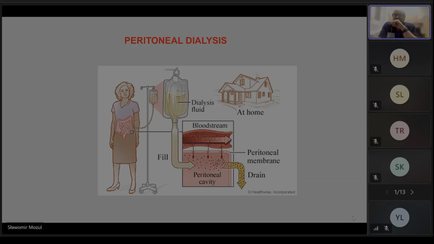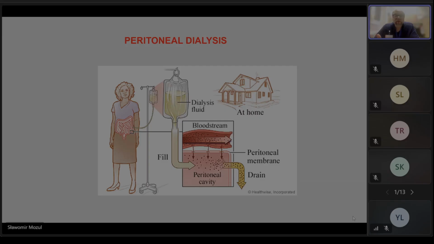In most patients, a very important advantage is the ability to undertake treatment without visiting a medical facility.